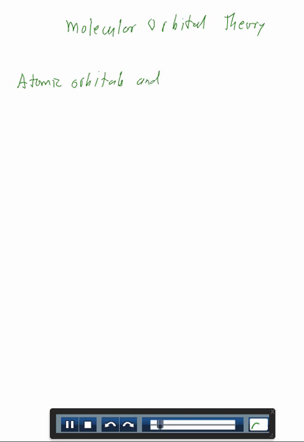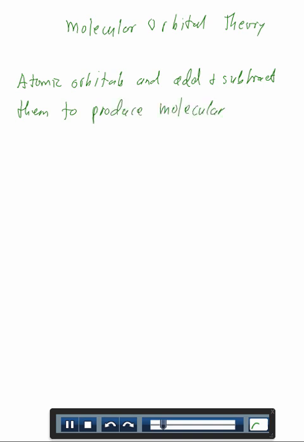Let's consider molecular orbital theory. This theory is currently in use to describe molecules, and basically what we do is we take atomic orbitals and add them and subtract them to produce molecular orbitals.